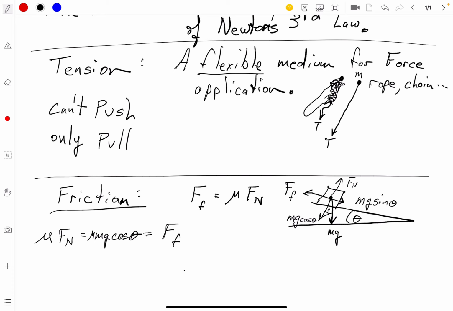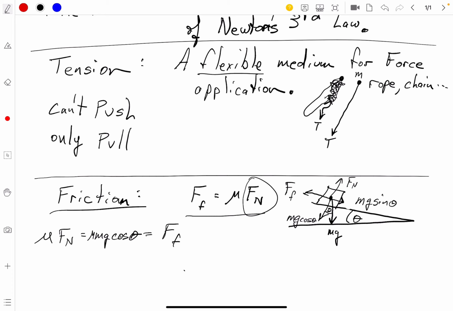And of course, this is theta. Okay. So we have our force of friction. And this is due to two surface objects touching. They're touching each other. Therefore, there's a normal force. So that's just touching. All right, and that's fine.